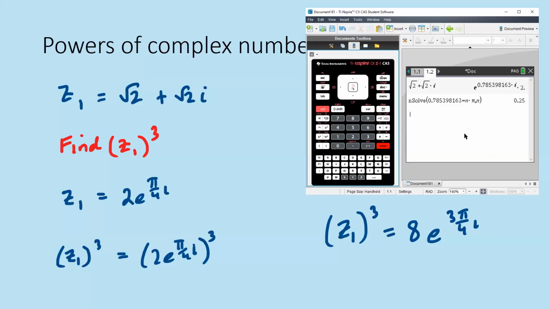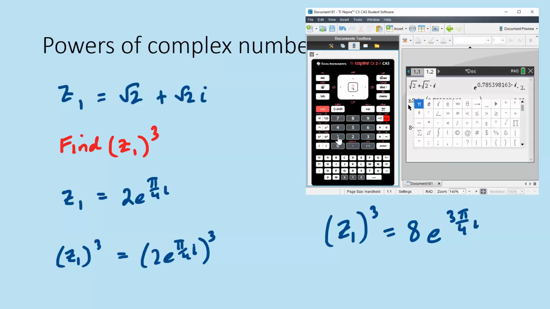So just noting here, this was our complex number. Well, I'll just write it down here. Our complex number, we have 8 times e to the power of, and then we have the fraction 3 pi over 4, and that's multiplied by i.